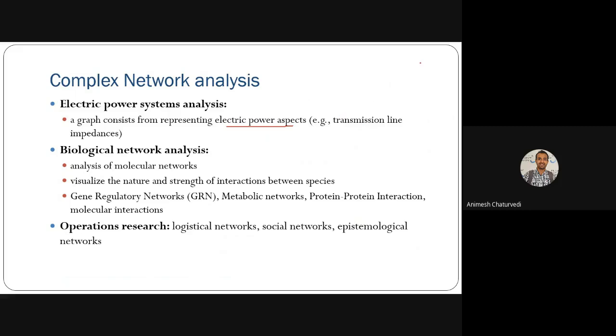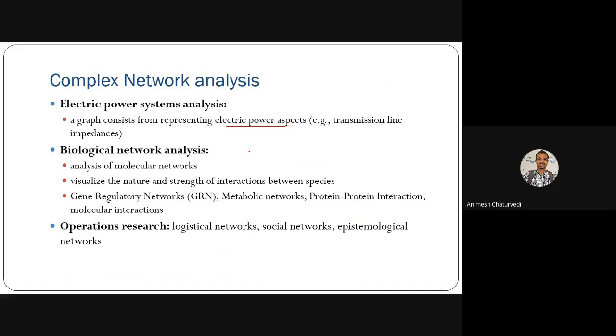You can plot most of them in graph form, and then you can apply graph theory over there. Then complex biological networks, where various molecules are interacting with each other, molecular analysis. For example, species could be mapped, where this species was inherited from an ancestor species, like a predecessor species. This type of study could be done.